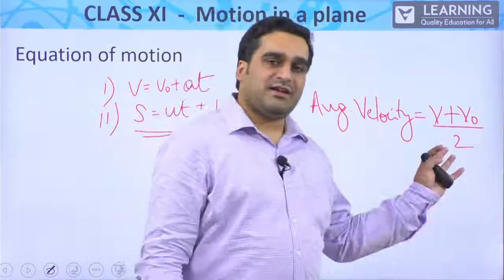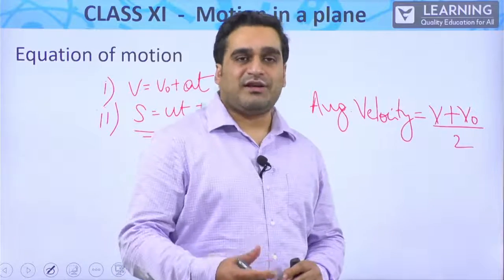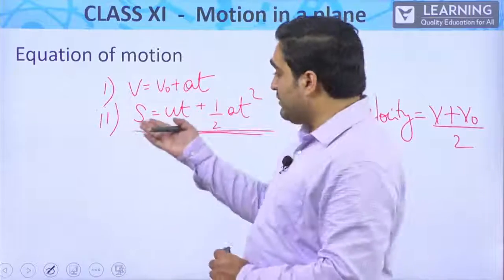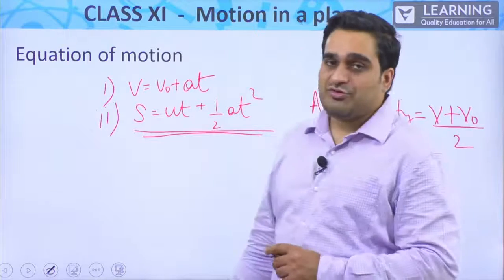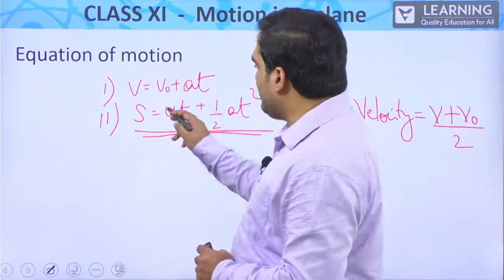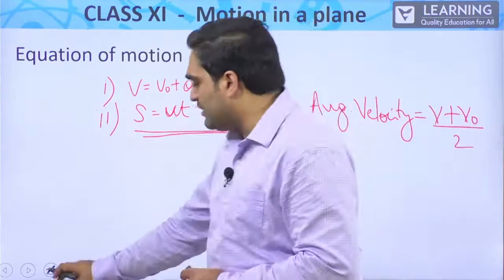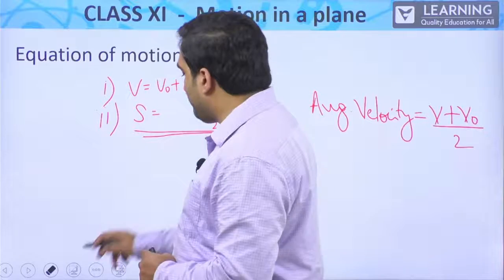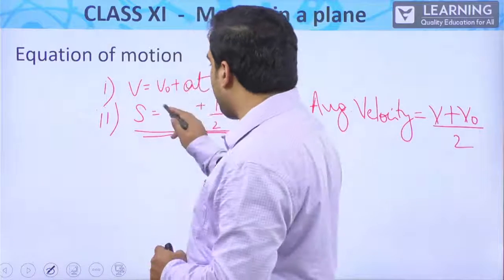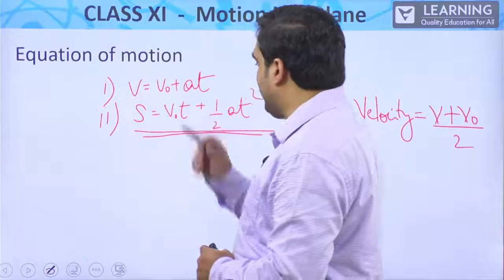So by expressing it in this format, you can derive this particular equation of motion where s equals ut plus half at square. This u is nothing but initial velocity v naught. So if needed, you can express this as v naught t.